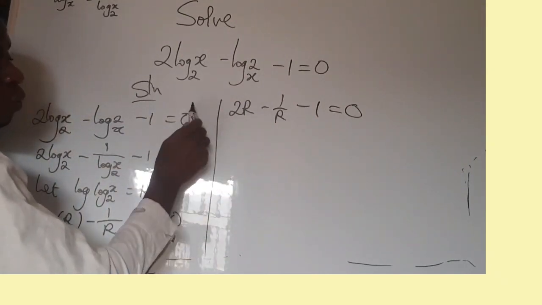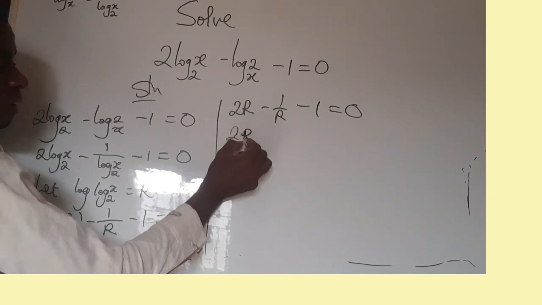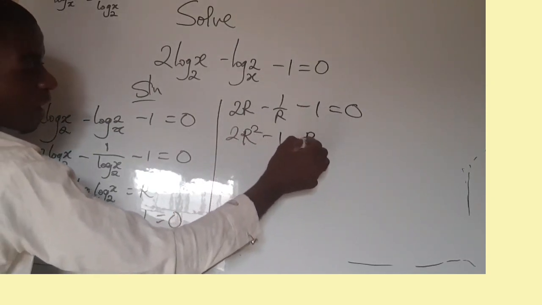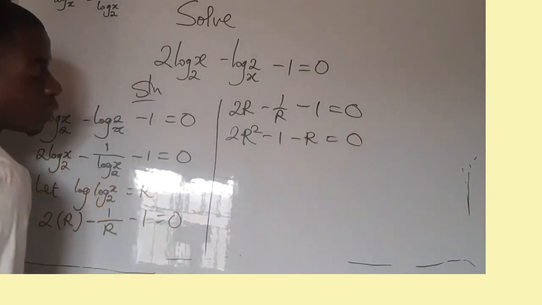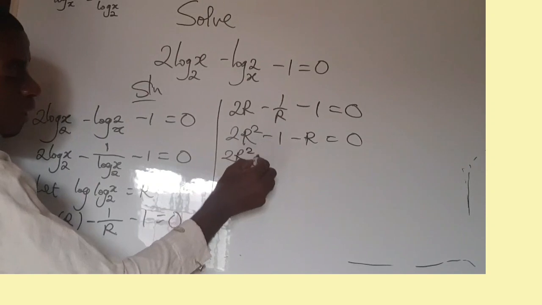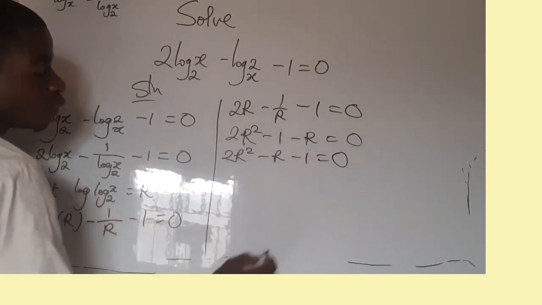So from this, we multiply the whole equation by r, so that we have 2r squared minus 1 minus r equal to 0. So from there, we'll rearrange: 2r squared minus r minus 1 equal to 0.